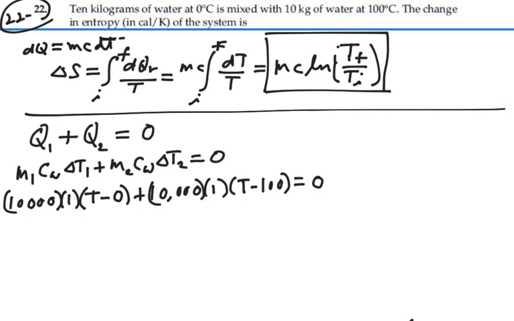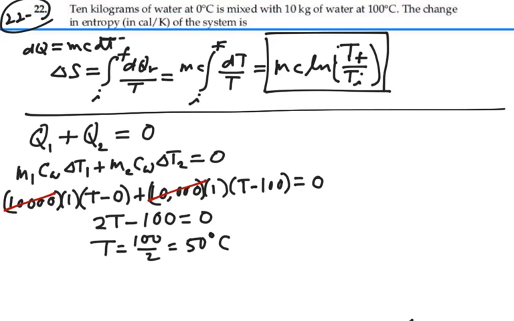Let's divide both sides by 10,000, and we're going to end up with 2T minus 100 equals 0, or T is going to equal 100 divided by 2, 50 degrees Celsius.